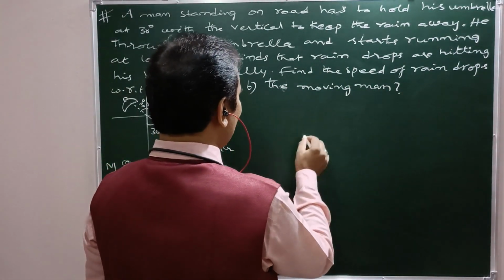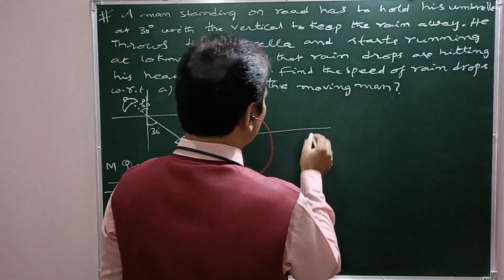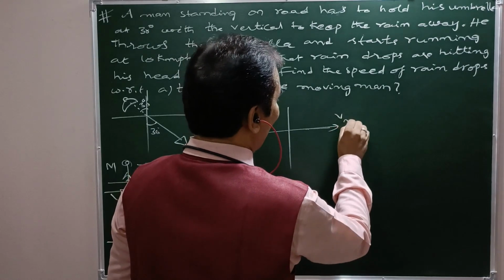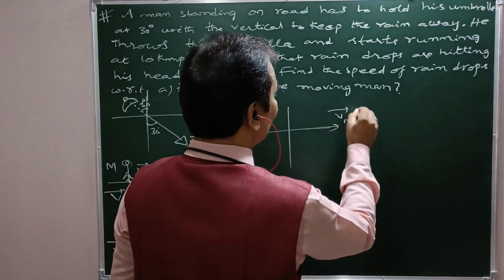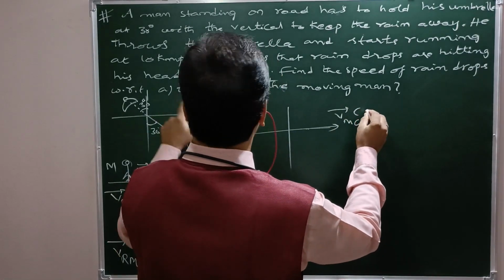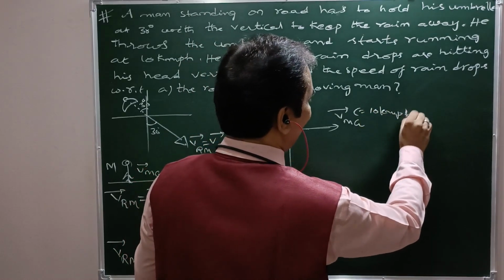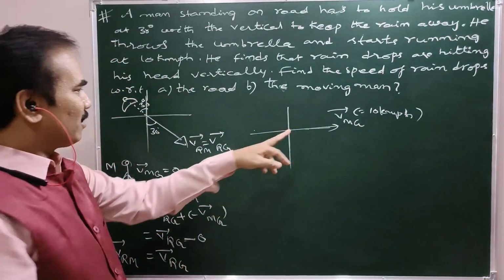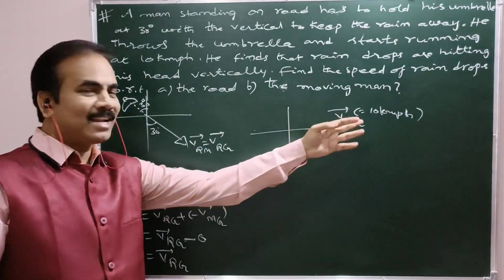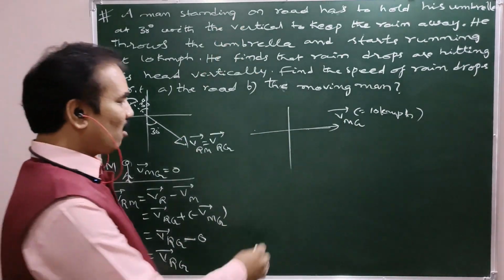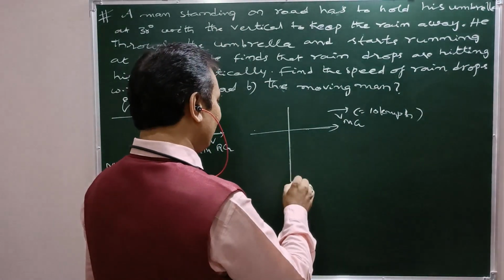So this time, velocity of man with respect to ground is equal to 10 kmph. When he starts running at 10 kmph, he observes as if raindrops are hitting vertically down, like that.